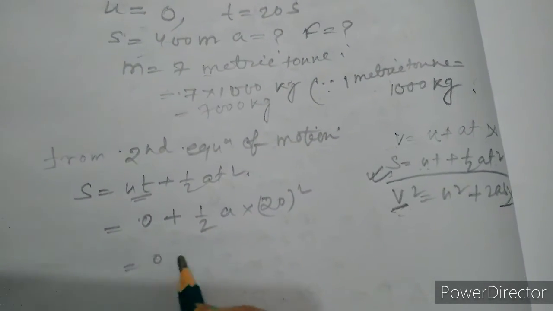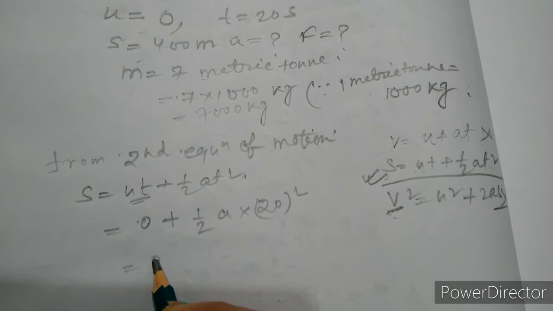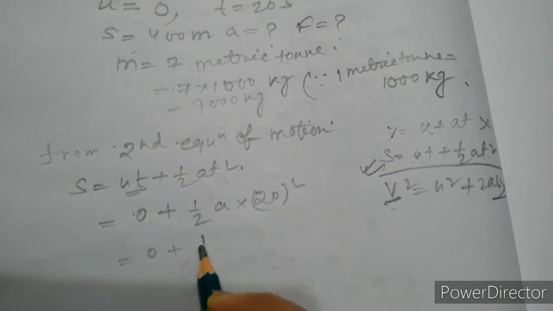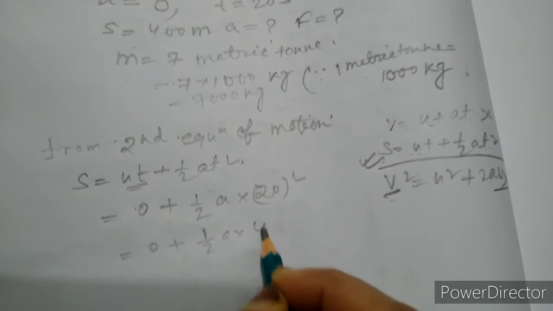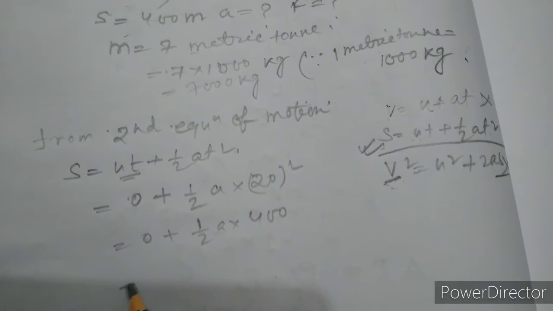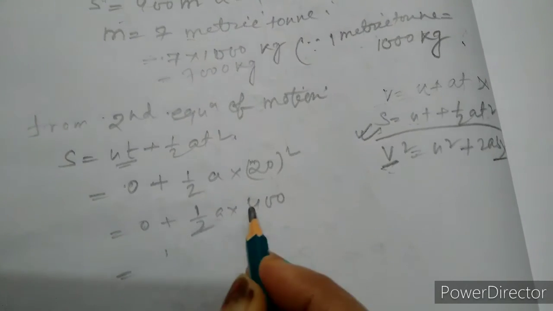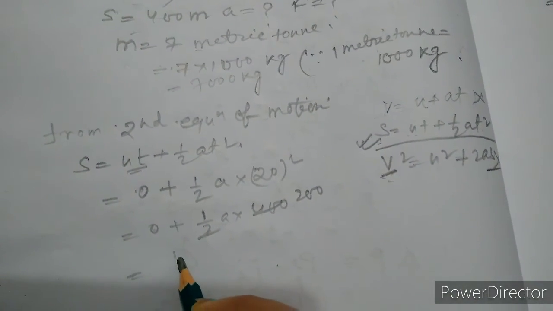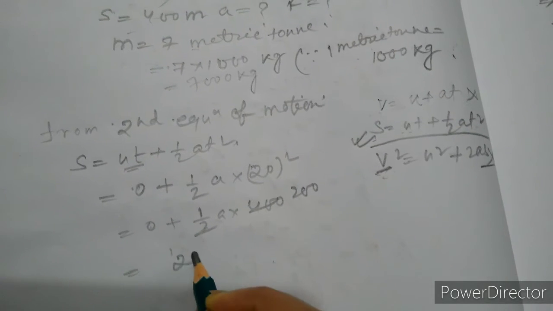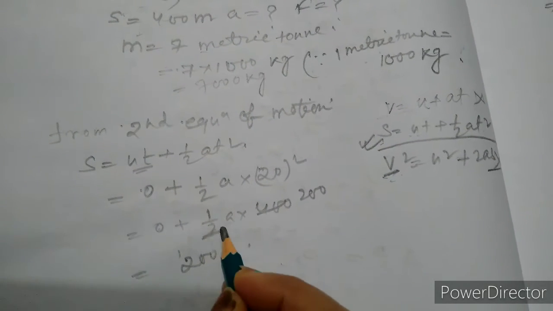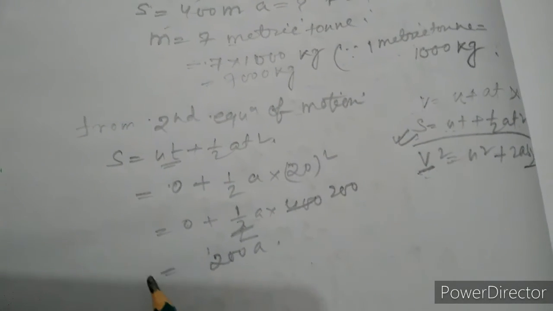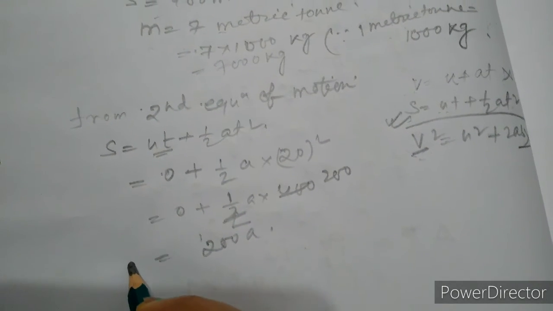No need to write this 0. It will become half a into 400, and it will become 200a. And on this side s is also given.